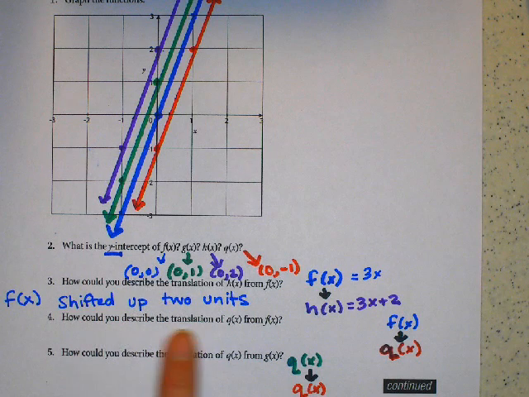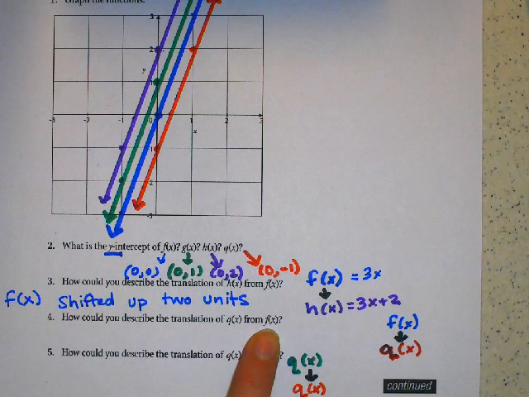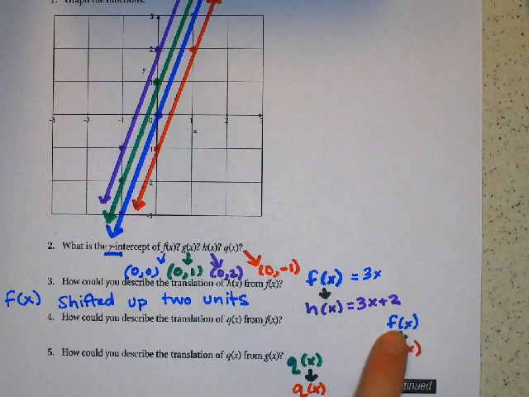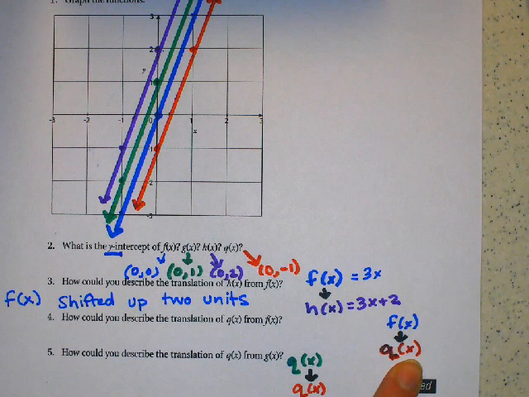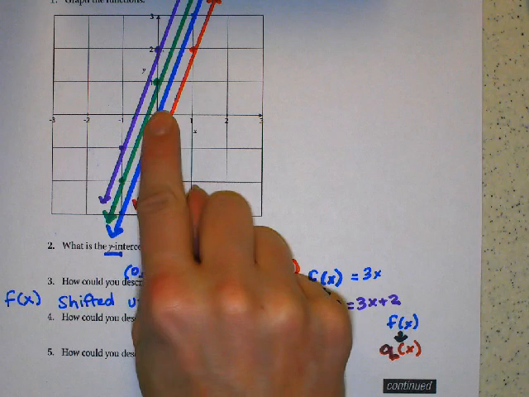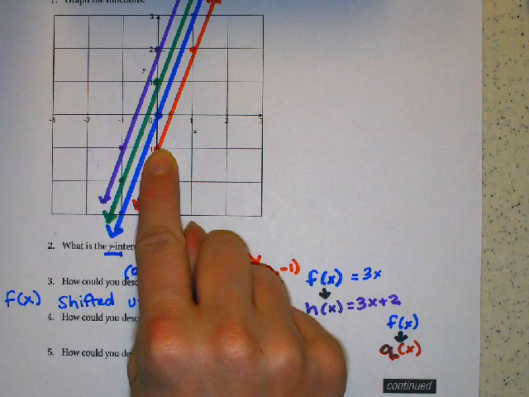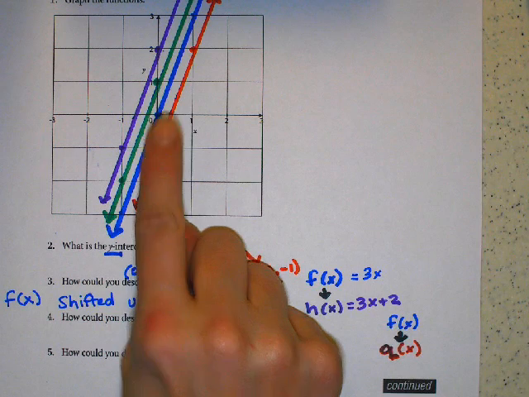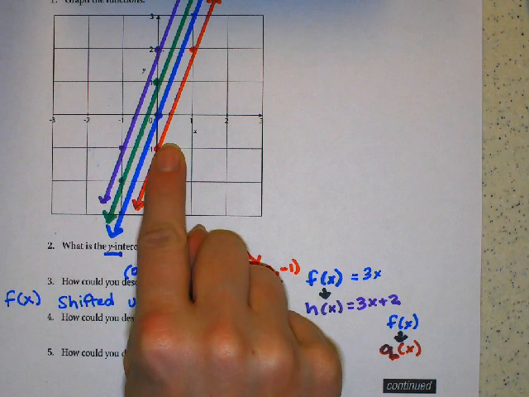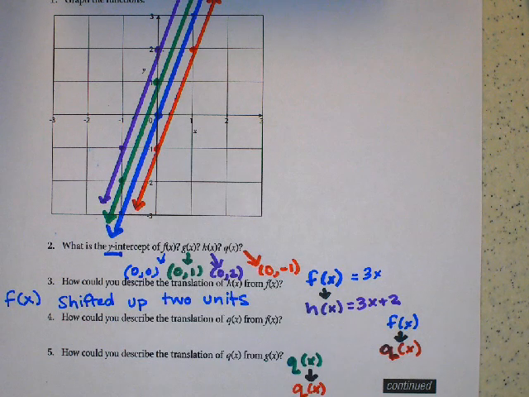How could you describe the translation of q of x from f of x? So again, I start with my blue line, and then I go to my red line. In order to go from blue to red, I had to move down 1 unit.